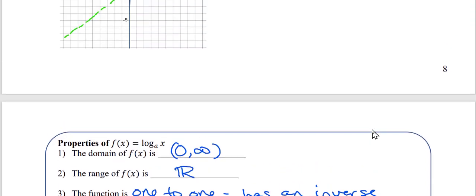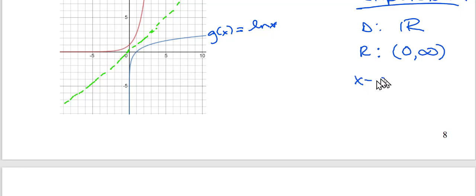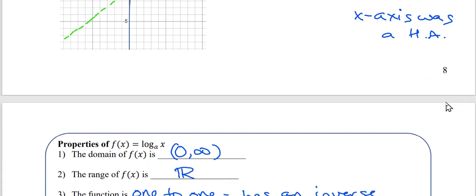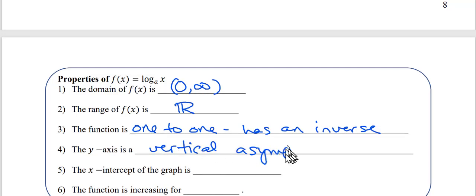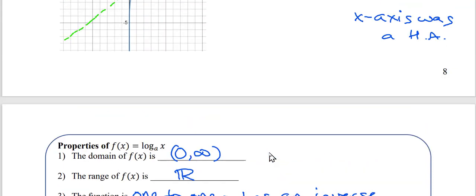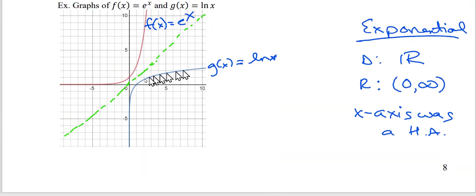Now, if you recall with the exponential functions, the x-axis was a horizontal asymptote. Now, the y-axis is a vertical asymptote with the logarithmic function. That just comes from switching your x's and y's. Look at this blue graph.